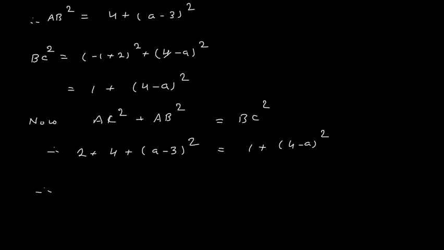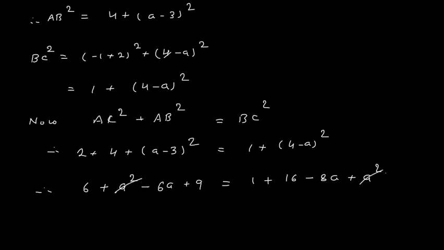So this 2 plus 4 is 6, plus a square minus 6a plus 9 is equal to, here it is 1 plus 16 minus 8a plus a square.